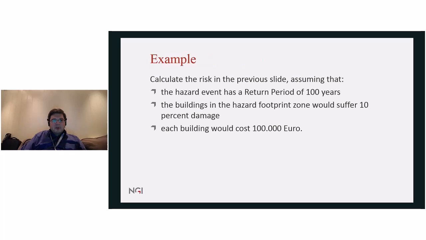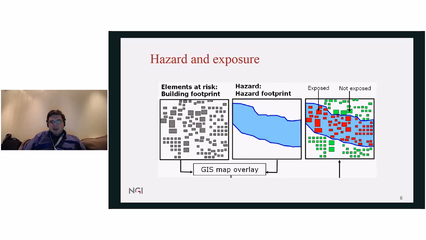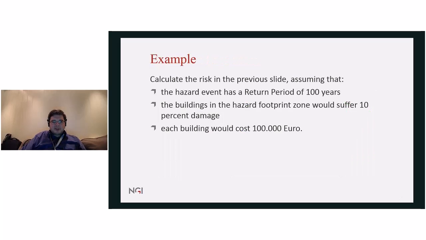As a simple example, using the previous slide, we can calculate the risk. In this case, we are given the information that the hazard event has a return period of 100 years. The buildings in the hazard footprint would be affected by having 10% of damage, and the cost of each building is 100,000 euro. And from the previous slide, we can see how many buildings would be affected by this hazardous event.